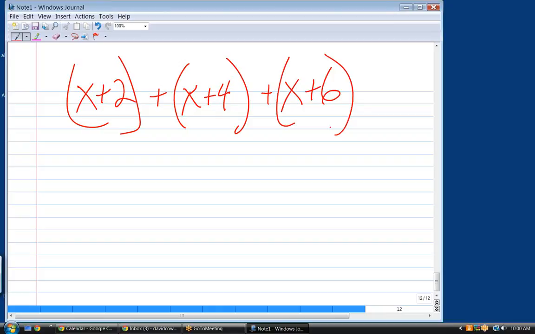What is x? X means there's only one value. There's one thing for x. It can't be multiple things. I mean, it can when you get into quadratics, but you won't be getting into quadratics for a while. In this case, x has to be only one thing.